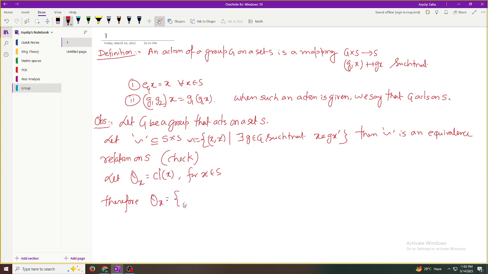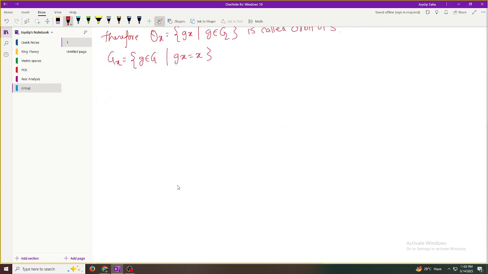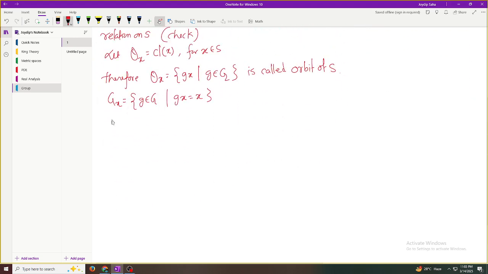Ox equals to Gx, which is called the orbit of x, and Gx is those g belongs to G such that gx equals to x, fixes x. If it is defined as this, then Ox is defined as this.